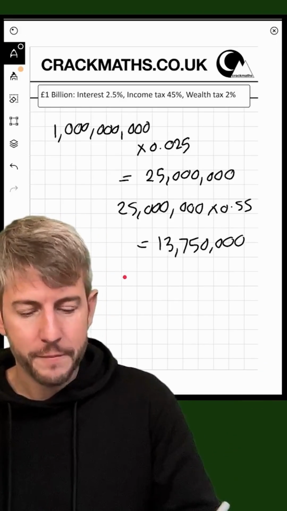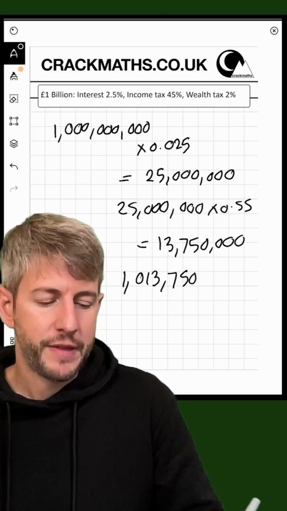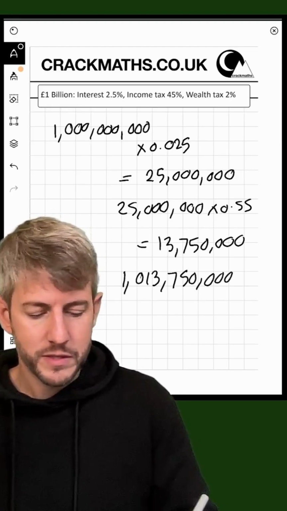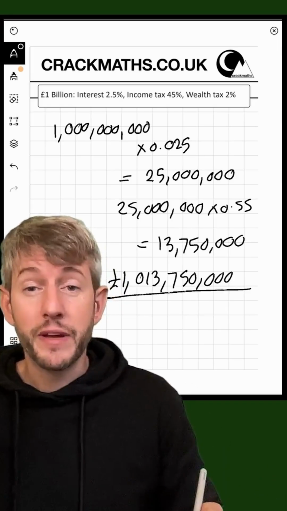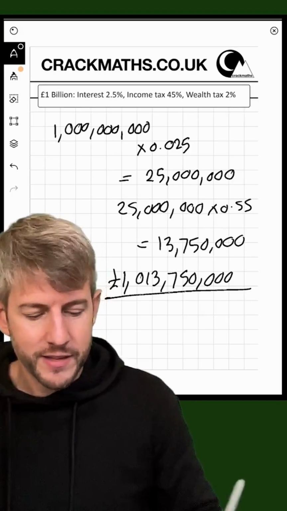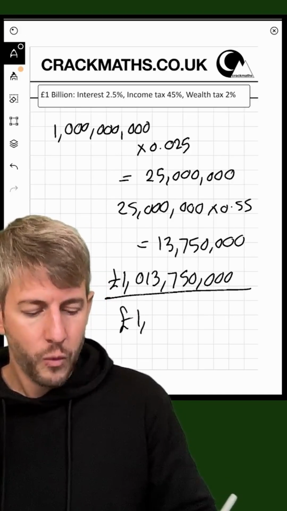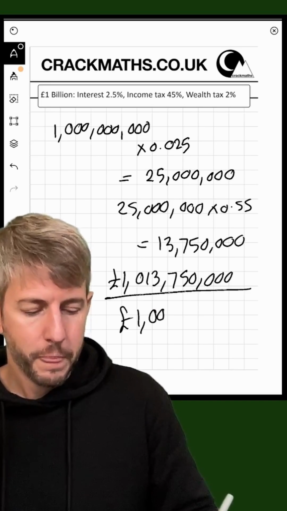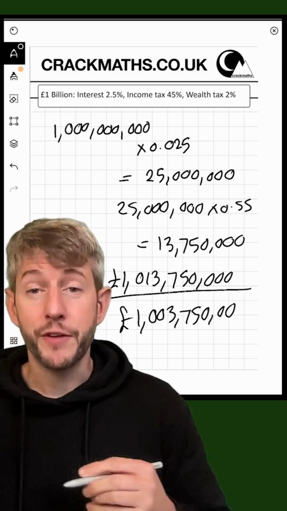So what they've got is 1,013,750,000 pounds. Now remember, the wealth tax is not applied to the first 10 million, so we can take 10 million off this. Okay, so we take 10 million off this, and we are left with 1,003,750,000.